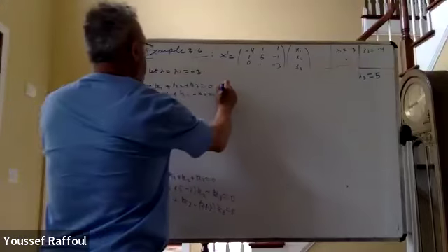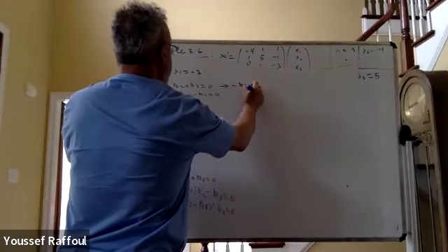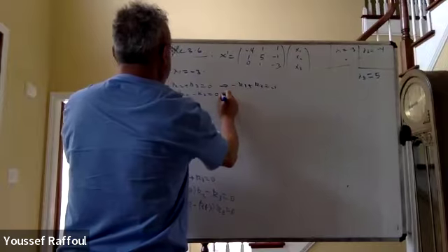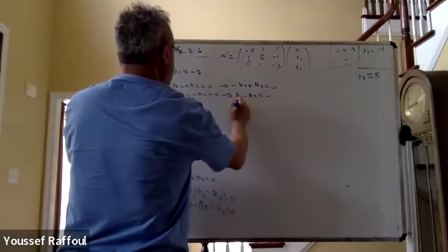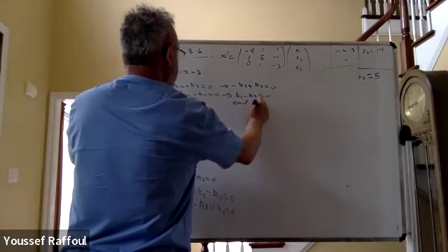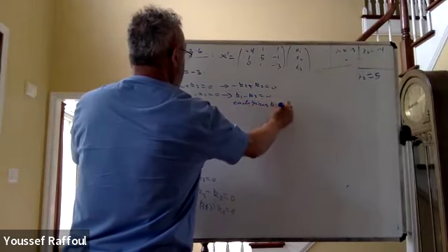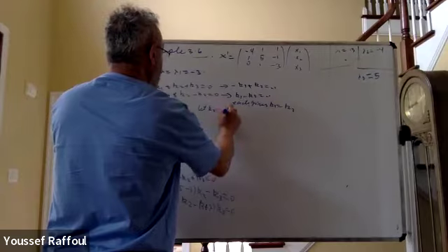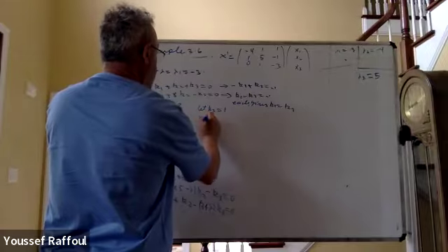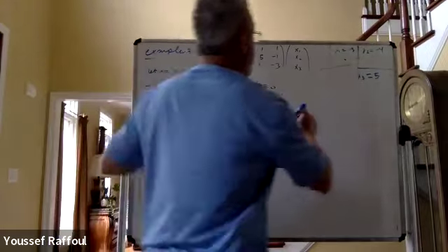This equation gives me minus K1 plus K3 equals 0. And this gives me K1 minus K3 equals 0. Each gives K1 equal K3. So let K3 equal 1. Then we have K1 equal 1.